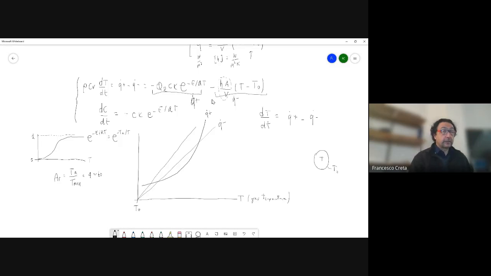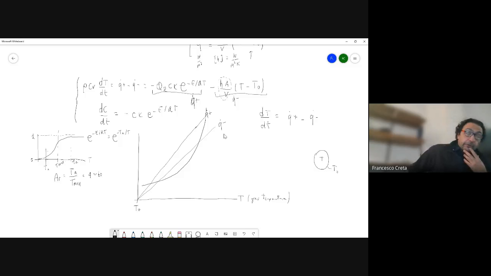Okay, so TA is somewhere over here, and T max will be maybe over here. So if you bracket between T0 and T max, you have essentially a function of this kind here, okay? So it's a qualitative picture, this one, okay? So let's go even further.